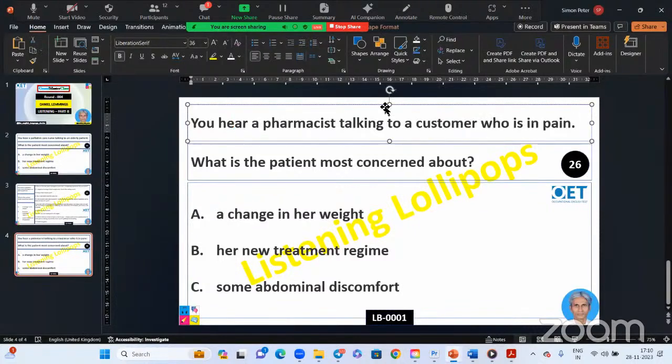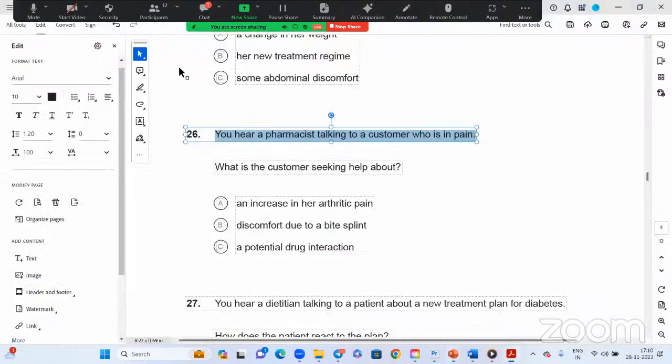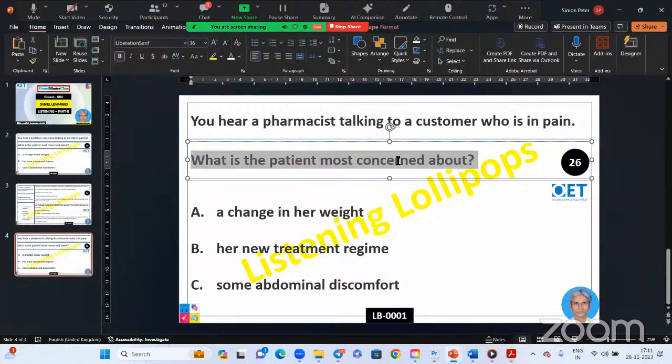You hear a pharmacist talking to a customer who is in pain. What is the patient most concerned about? What is the customer seeking help about?